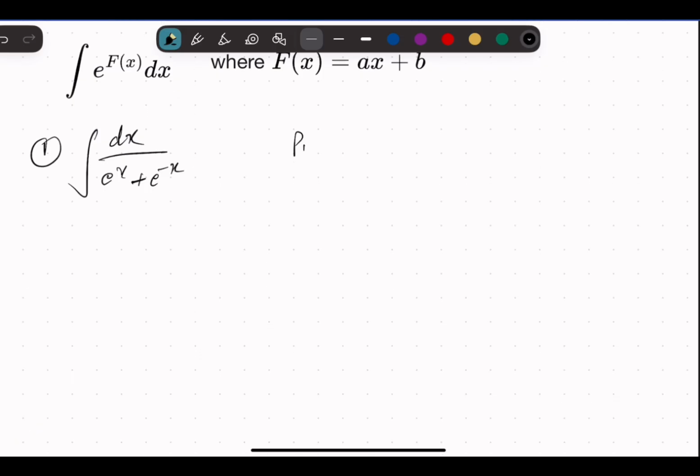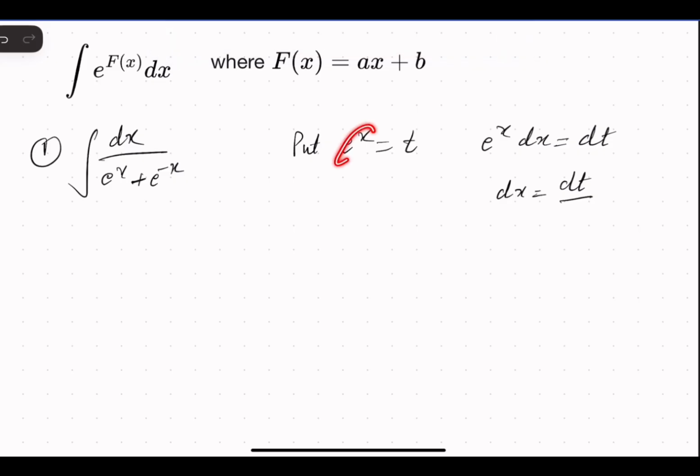Put e power x equal to t and differentiate to find dx. That will be e power x dx equal to dt, and that will give you dx equal to dt over e power x, and e power x is your t.